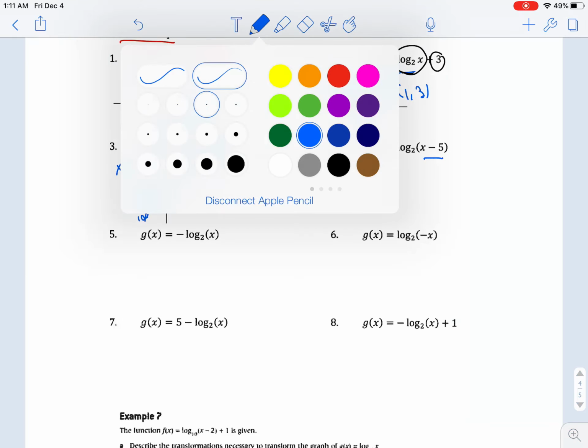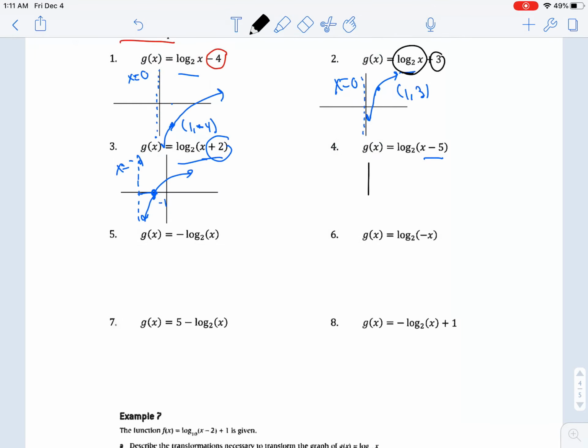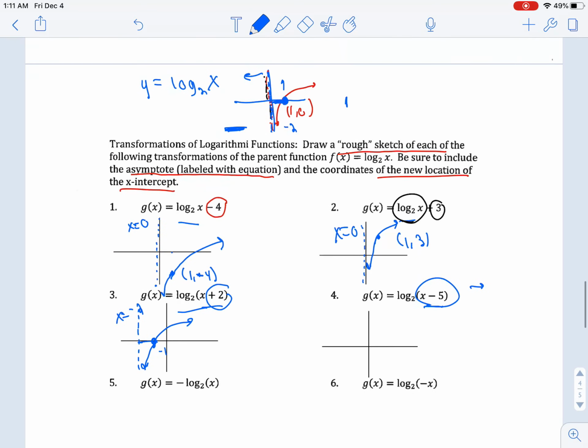So for number 4, again, what you might want to do is just try it on your own. Turn off the video and take a look at it yourself, and then come back and watch me do it. All right, so for this one, the x minus 5, we're going to move 5 to the right. So again, going back to this parent function, here's where the asymptote used to be.